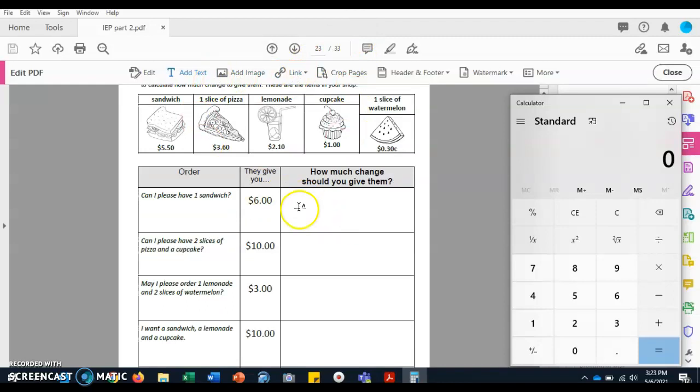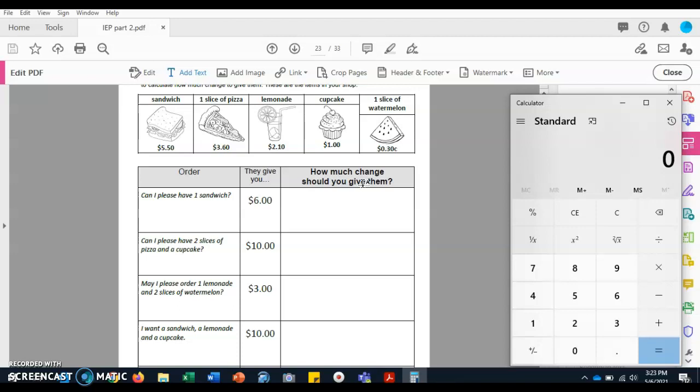So here, your first order says, can I please have 1 sandwich? Our sandwich, we said, was $5.50. They gave you $6. How much change should you give them?